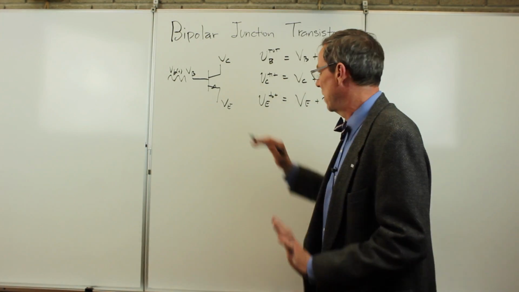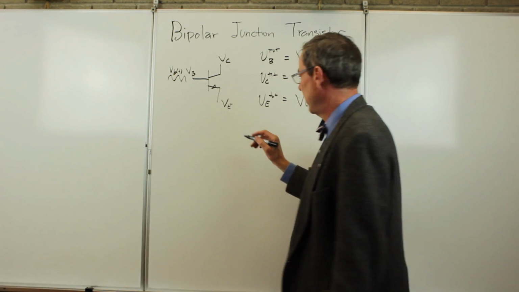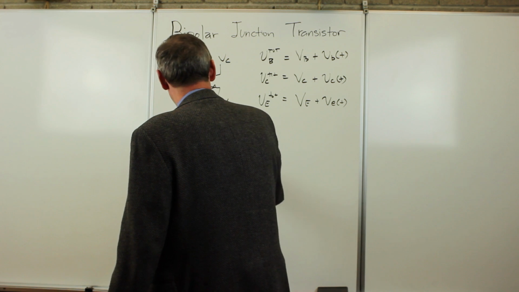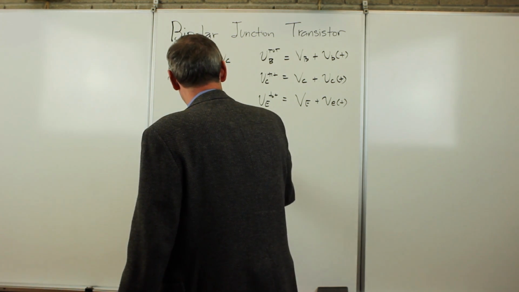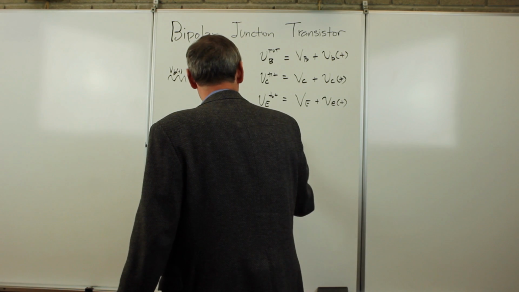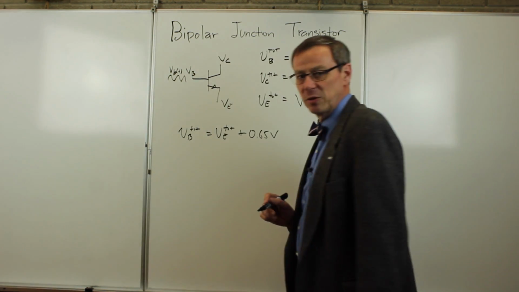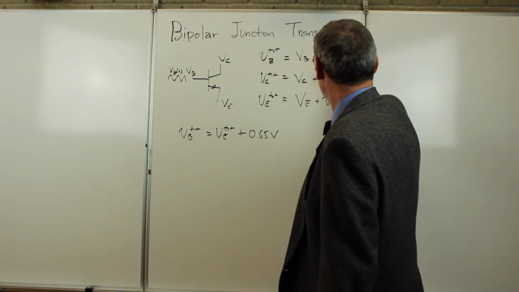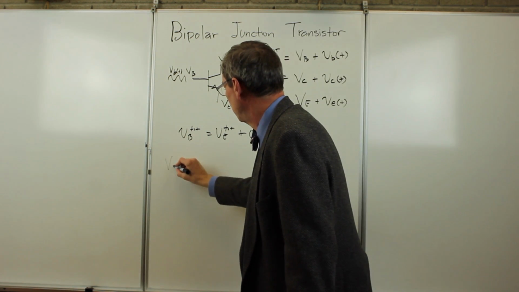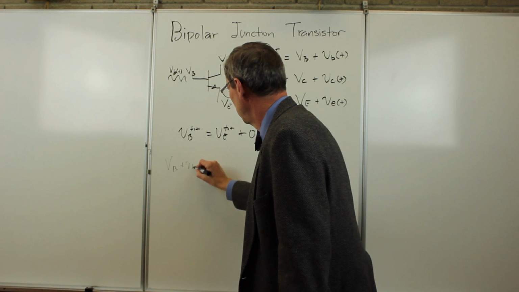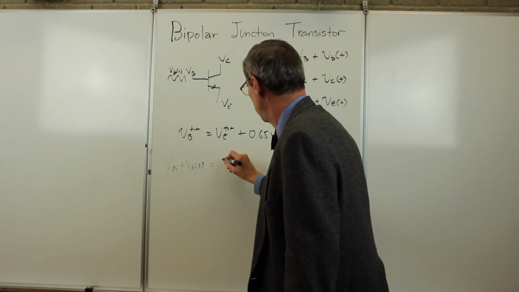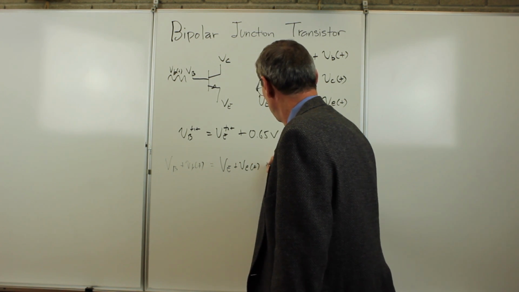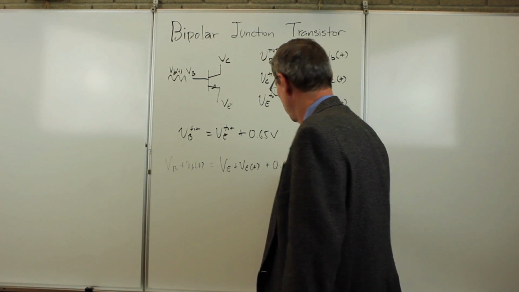So if we have it properly biased, a forward biased diode there, then the total base voltage has to be the total emitter voltage plus 0.65 volt from the diode drop. We can now put what we know about the base in. It's a DC level plus an AC. So VB plus VB of T has to be VE plus VE of T plus 0.65 volts.